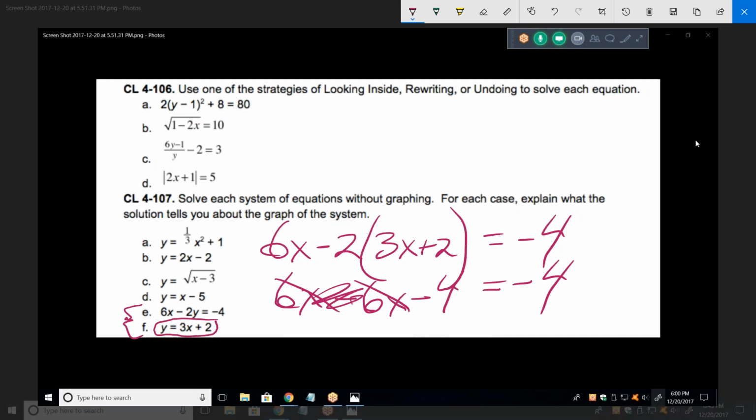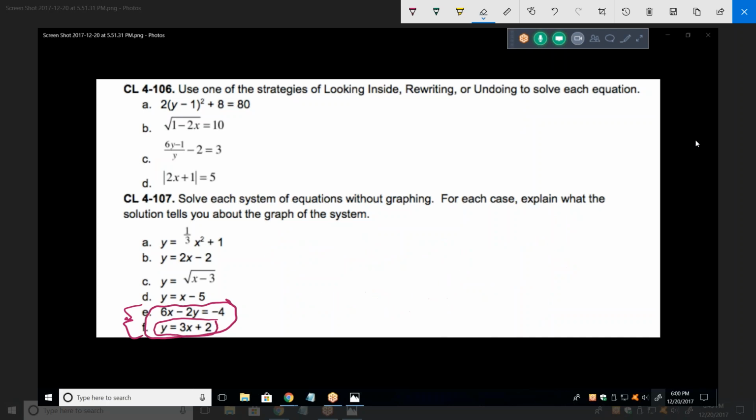What does that mean? That means that they're like parallel or like the same. It means that this is true regardless of what x is. And you're right. It means they are not parallel, they're the same.